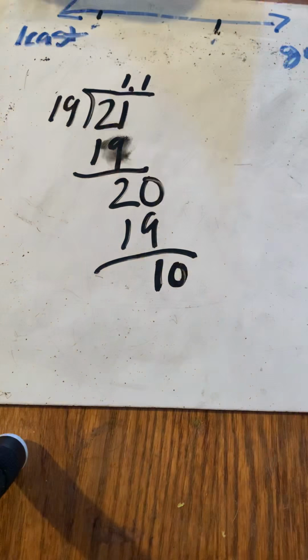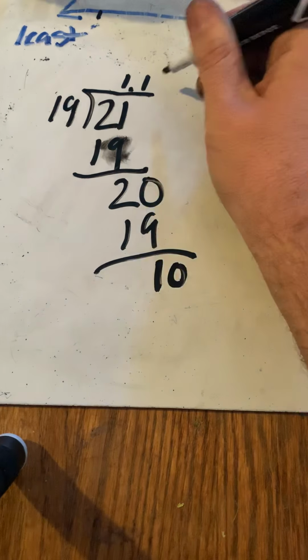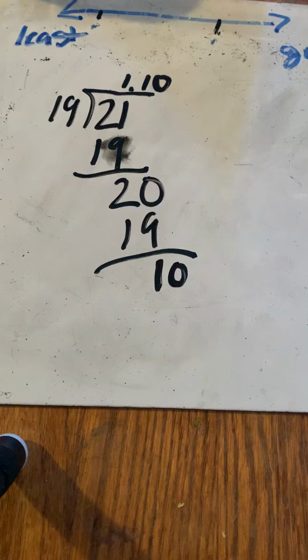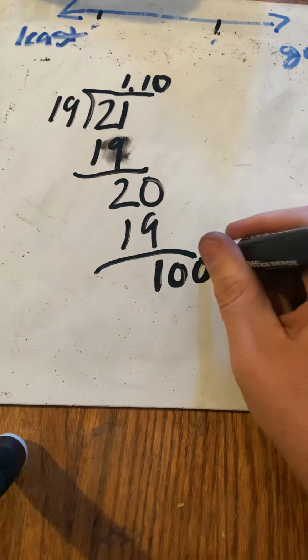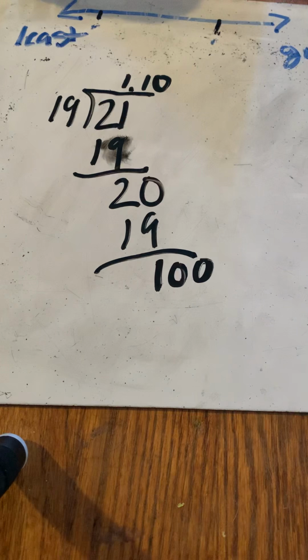And then, wait, 19 does not go into 10, so that's a big fat 0. And then carry down another 0, so we have 100. How many times does 19 go into 100? Well, 19 is very close to 20. If we had, say, 5 $20 bills, 20 goes into 100 5 times, right? However, it's 19, not 20. Well, 19 is really just 20 minus 1, so we're subtracting 1 5 times. 100 minus 5 is 95, right?